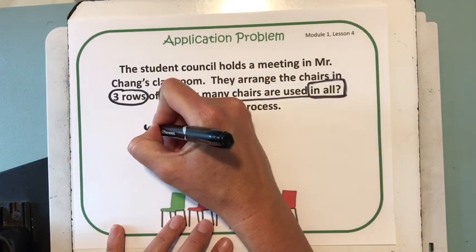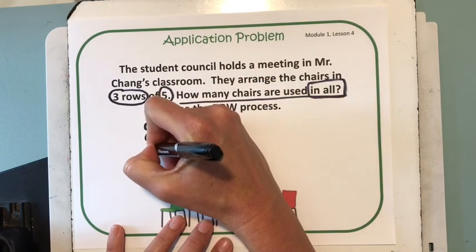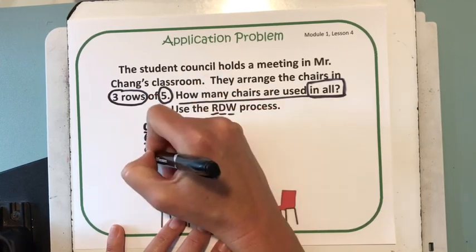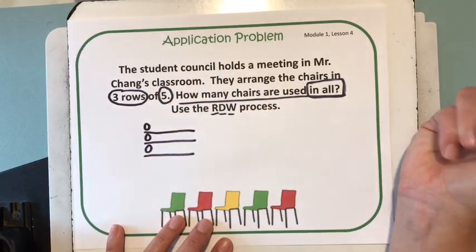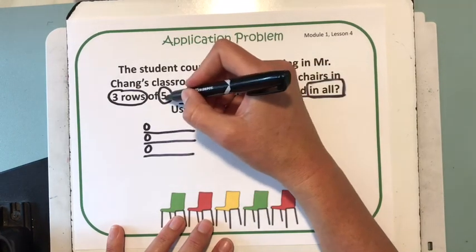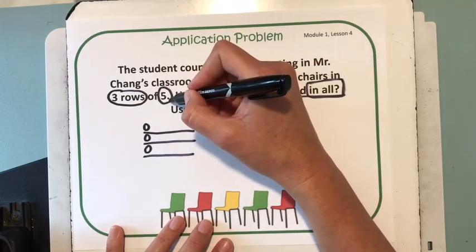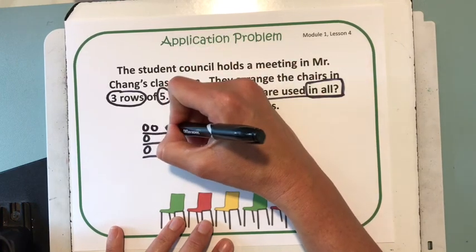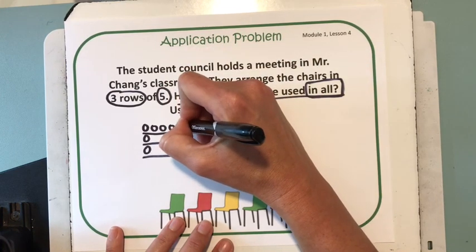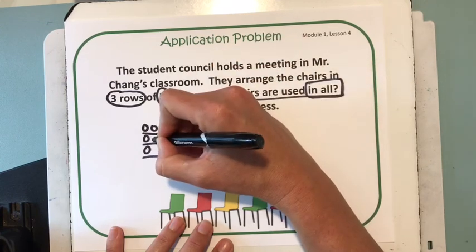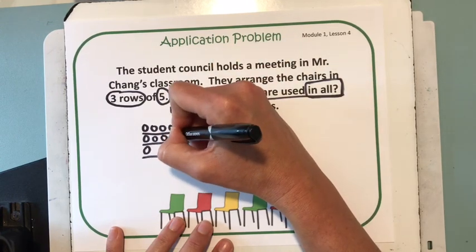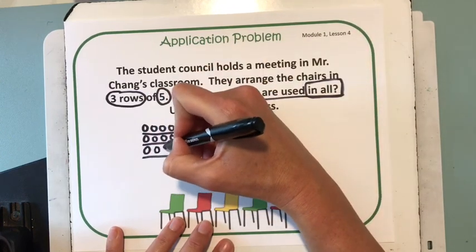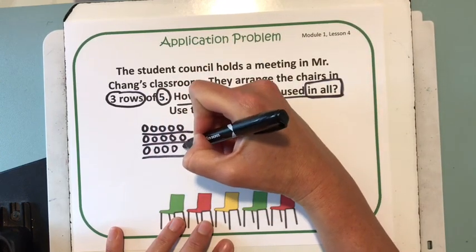So I'm going to go 1, 2, 3. Here's my 3 rows, okay? And in each row, there's how many chairs? 5. 1, 2, 3, 4, 5.